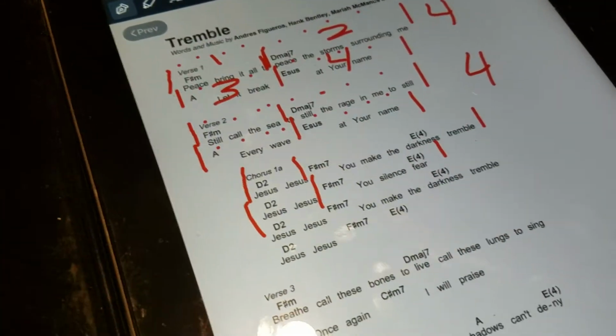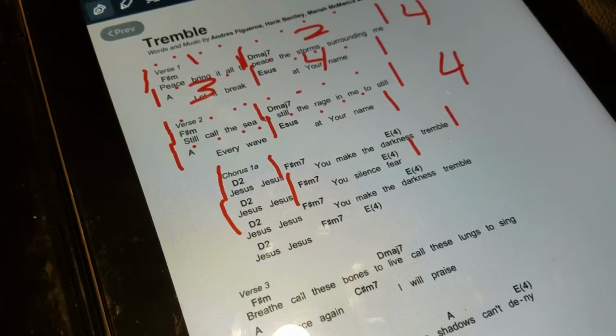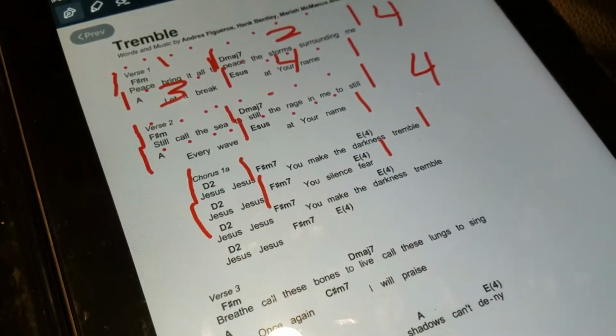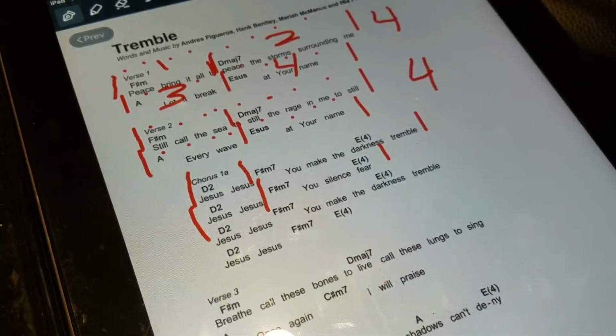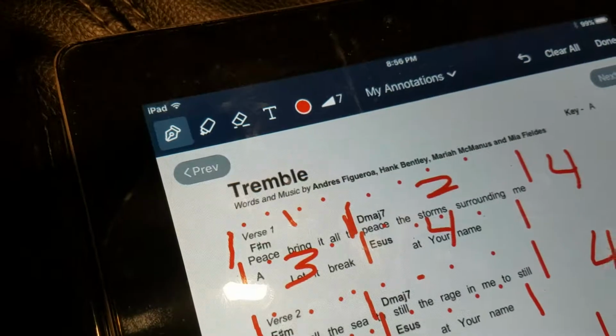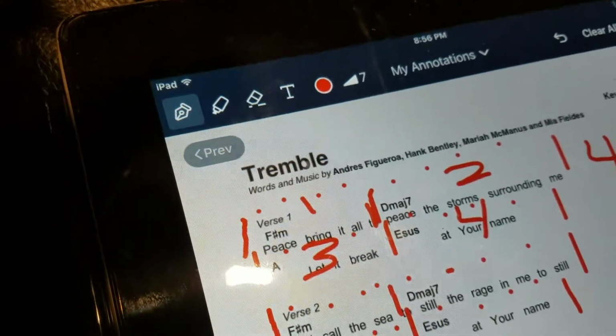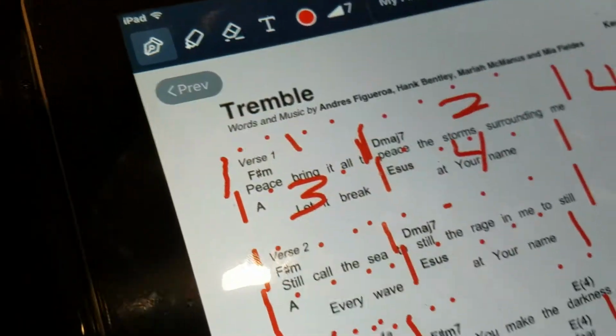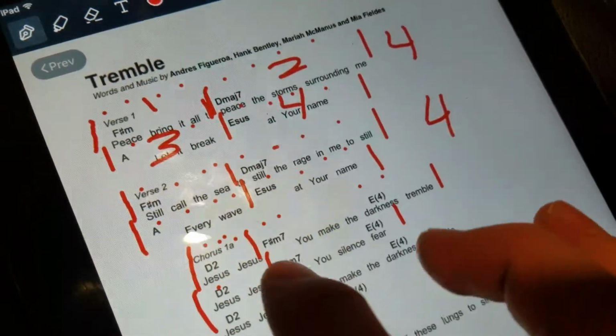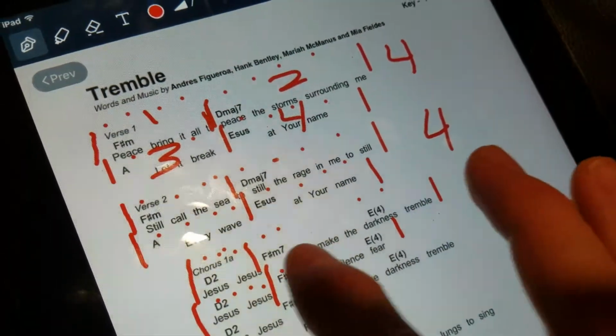4. Okay, so we're holding each of those F sharp minor and the E for 2 beats before we make that change. So if we mark this out here, let's see, we got 1, 2, 3, 4 in there, 1, 2 there, 1, 2 there, and then again 1, 2, 3, 4, 1, 2 there, and 1, 2 there.